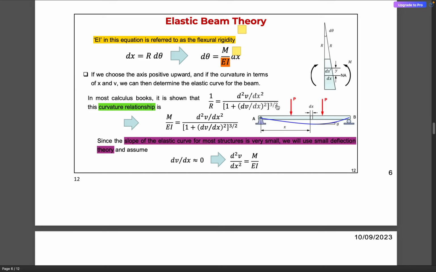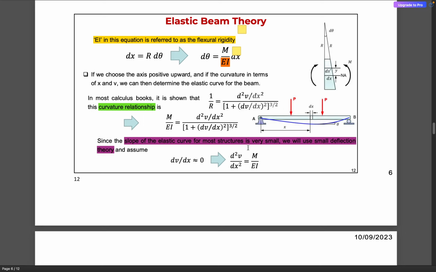Since we are considering the value of dv by dx as almost 0, when we square a small term, it is almost negligible. So this entire denominator becomes 1.